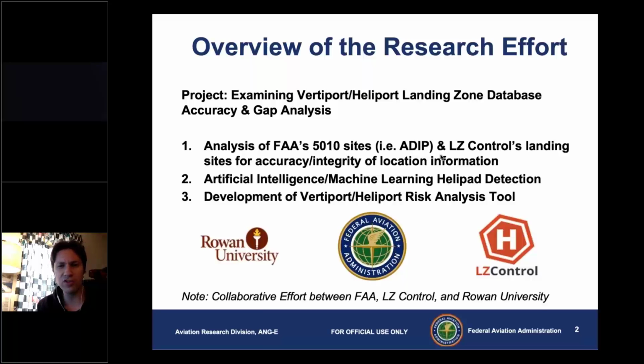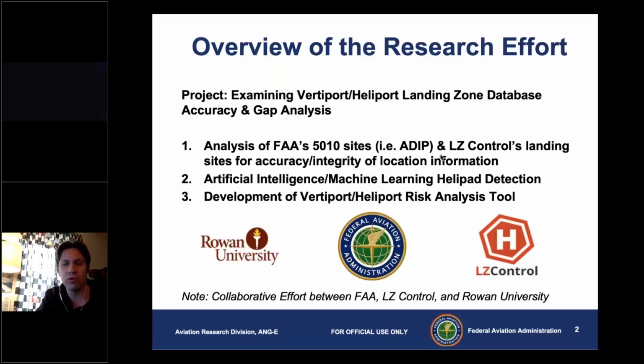The second part is some artificial intelligence and machine learning work that we're doing on helipad detection with Rowan University. We're using some techniques there to pull things from Google Earth imagery to try to identify a helipad, and I'll talk about that.